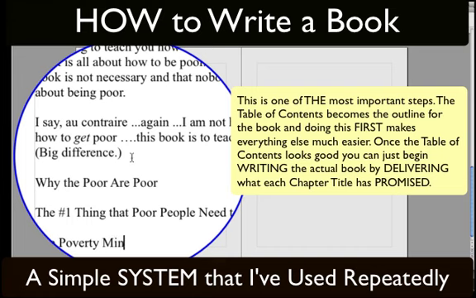The poverty mindset and how to avoid it. How the poor spend much more money on some things than the non-poor and even the rich.